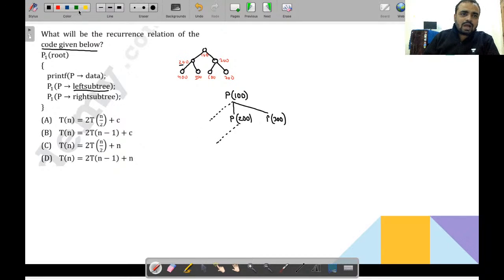अब 200 को कॉल करेंगे तो सबसे पहले 200 का डेटा प्रिंट होगा। तो आप यहाँ पर इमेजिन कर सकते हो, दिस इज द डेटा 2, 3, 5, 7, 6, 8 and 9.